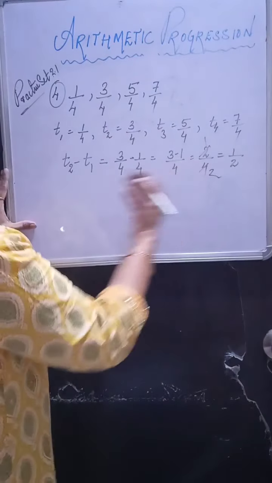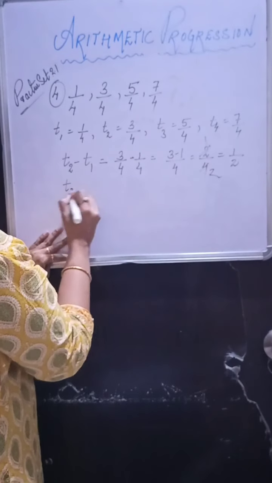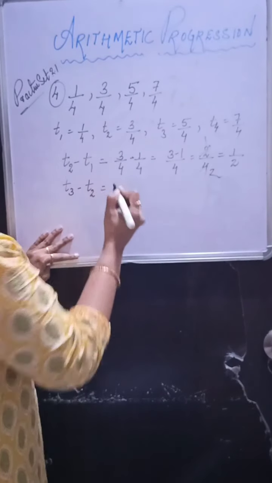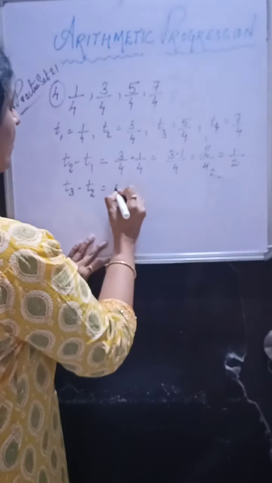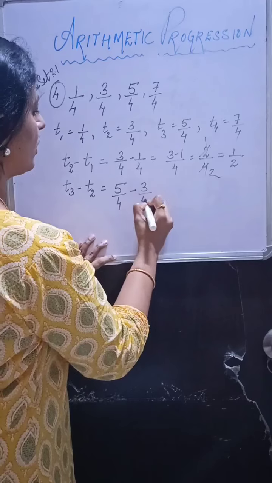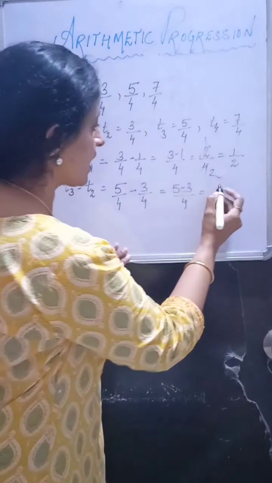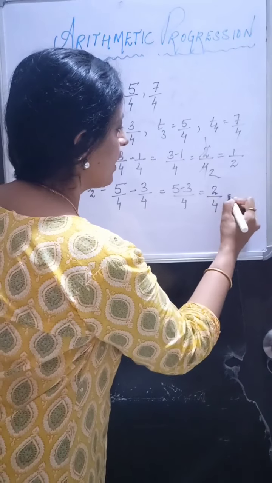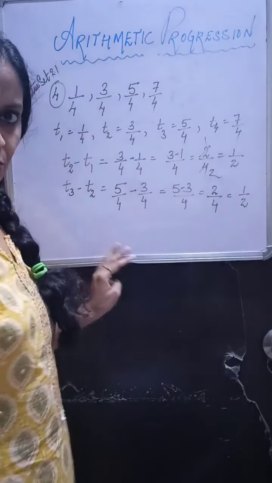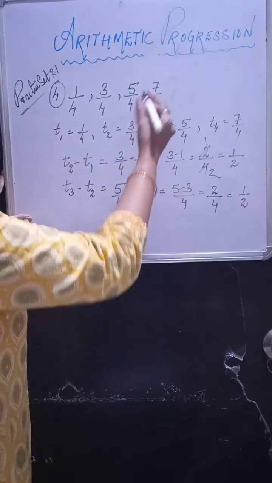For one more subtraction, let us show T3 minus T2. T3 is 5 upon 4 minus T2 is 3 upon 4. 5 minus 3 is 2 upon 4. Again you will get it as 1 upon 2. Only show 2 subtractions and come to the conclusion.